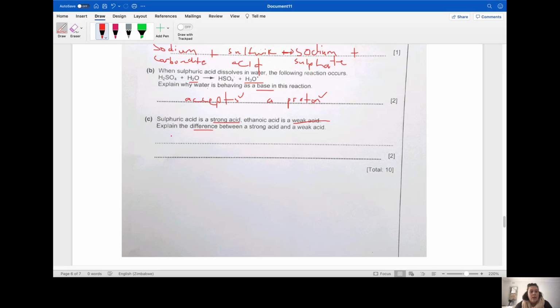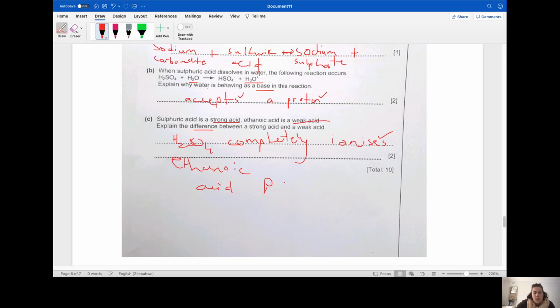So your answer, sulfuric acid completely ionizes. Remember, it becomes ions completely. Ionizes. 1 mark. Ethanoic acid, what makes it weak?